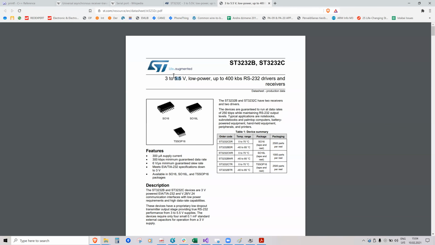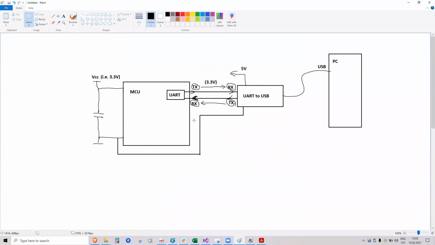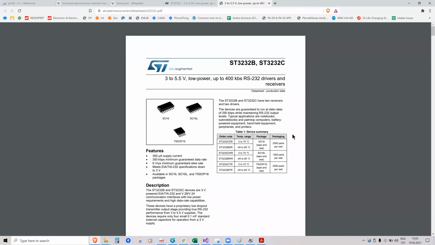And the receiver also has this chip, so it doesn't care if you have 3 or 5.5 volts. This chip accepts any of these voltages and gives low or high relative to local power supply. Okay, so this is kind of a flexible level converter.